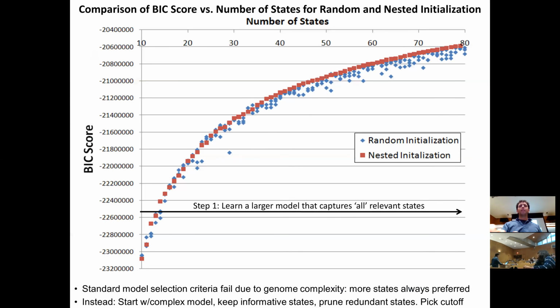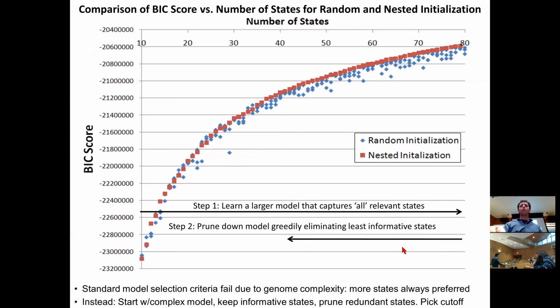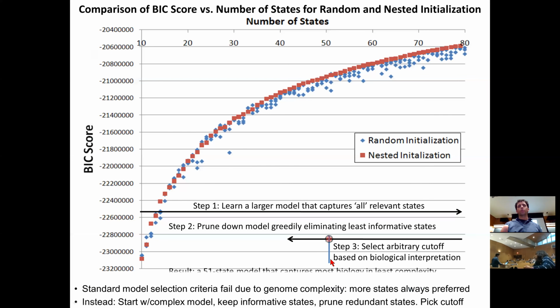But what you can do instead is first learn a larger model that captures presumably all the relevant states, and then prune that model down by greedily eliminating the least informative states, and then select some cutoff based on where you want to stop.